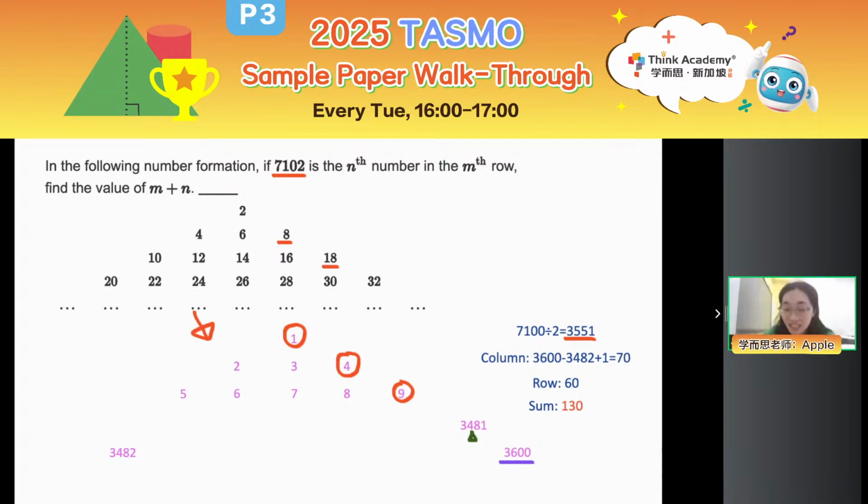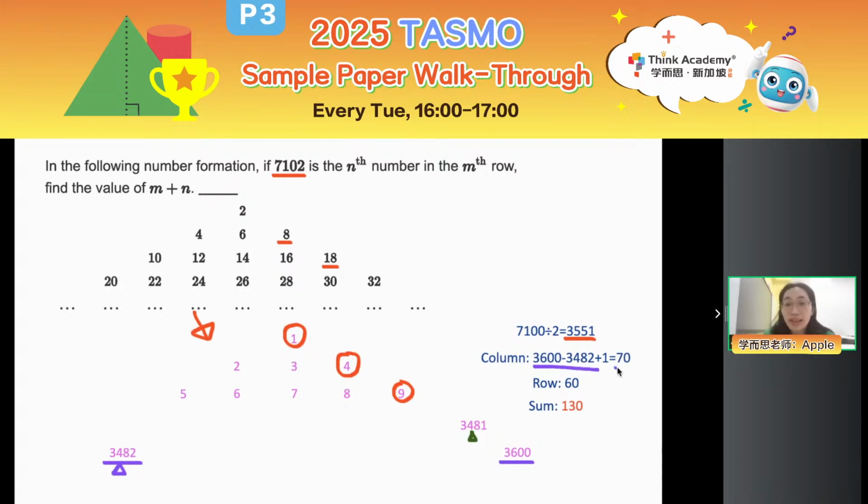Now, in the 60th row, you know the first number is 3,482. The last number is 3,600. Think about it. Which column is for the 3,551? So actually that is just the number minus the first number and then plus 1, okay? Because you still need to keep the first column here.